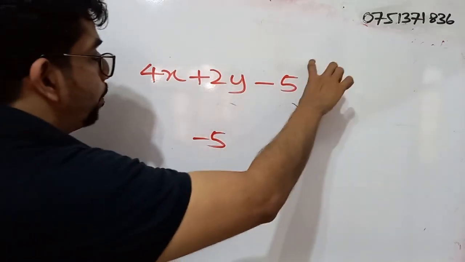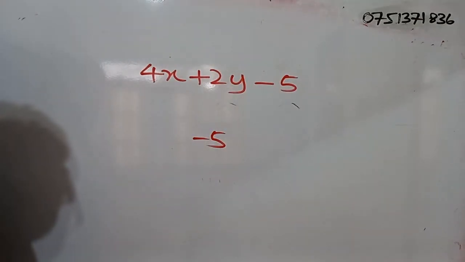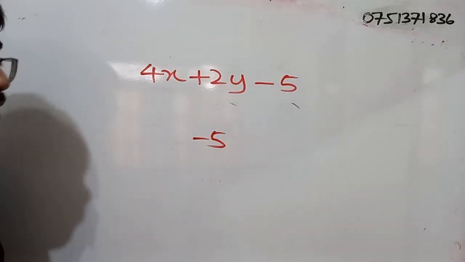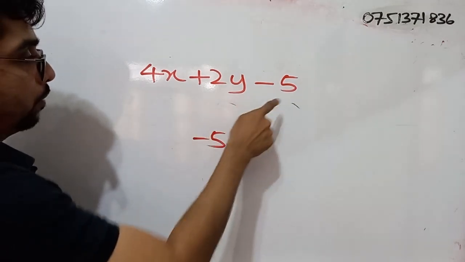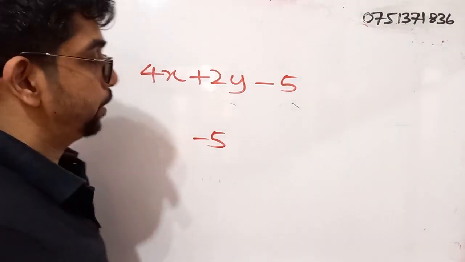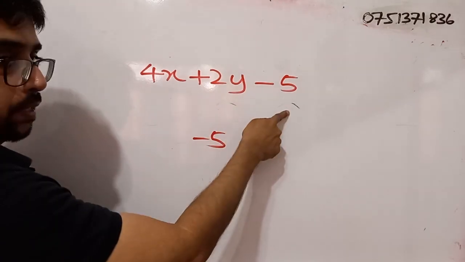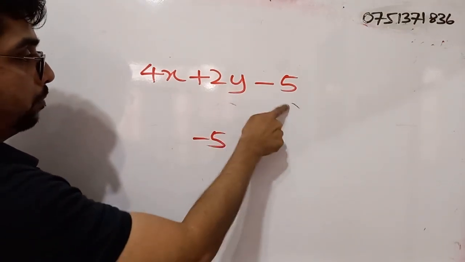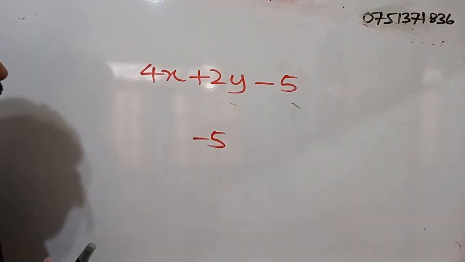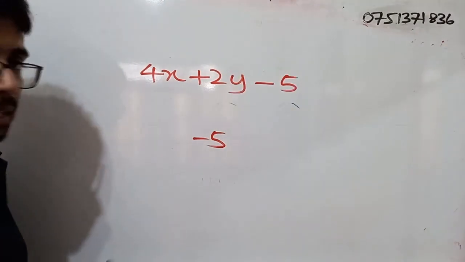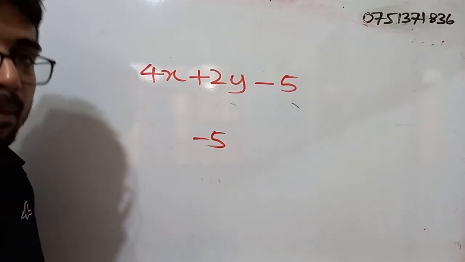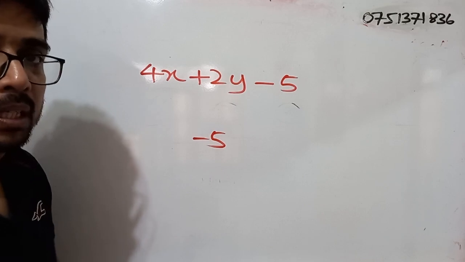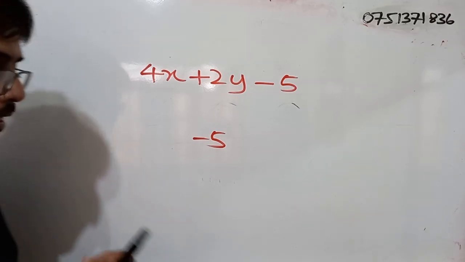If we take a look back at the algebraic expression that we have, this expression has 3 terms, right? First term, second term, third term. If we take the last term, it is only a number. So that is a constant, right?